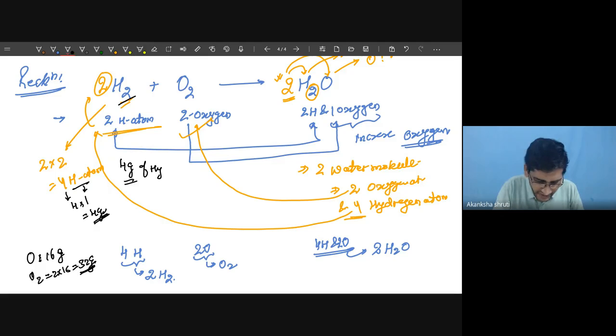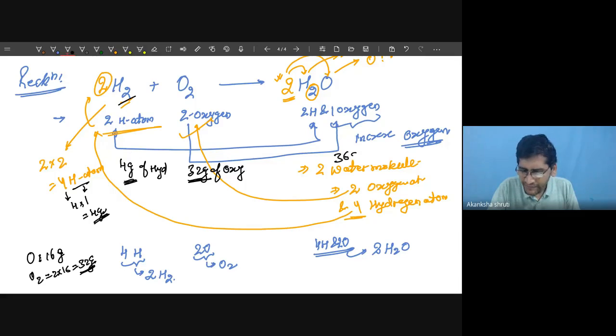So it is found that this 4 gram of hydrogen is combining with 32 gram of oxygen. So keep in mind this 4 gram of hydrogen, 32 gram of oxygen to give the water molecule that we are obtaining here. Its mass is measured and it is found that 36 gram of water is formed.